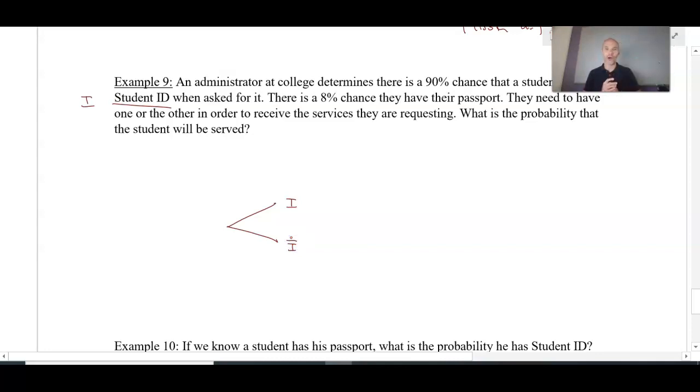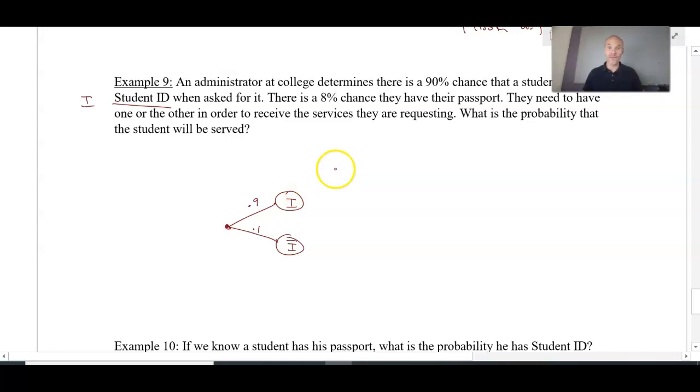I'm going to put that little bar over the not ID. And I know that there's a 90% chance that a student has their ID and 10% chance they don't. So think about it this way. You have a group of students, 90% of them are going to walk along this path, 10% are going to walk along this path.